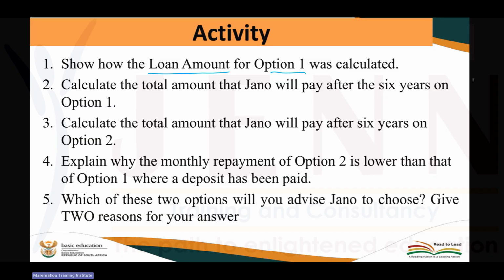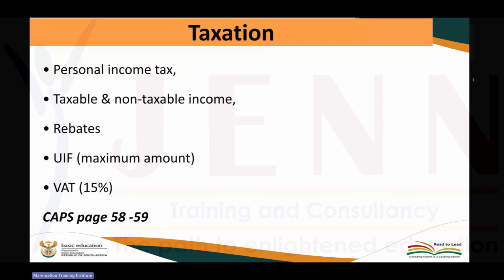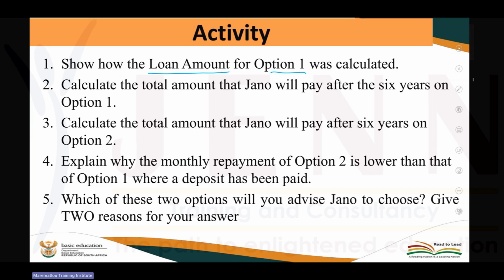I can pay only 3,905 and keep on saving so that at the end of 72 months, I can pay that balloon payment. But it depends. If for the sake of being cost effective in future, you can go for option 1. So here is an opinion question. The reasons that you will give in this case will be very subjective, based on your understanding.